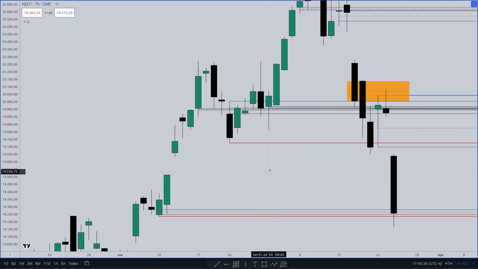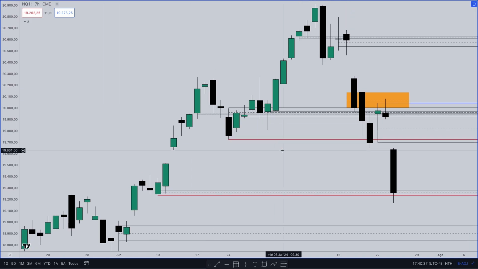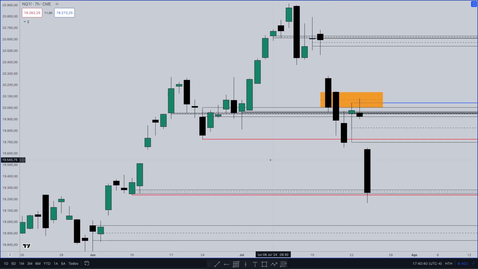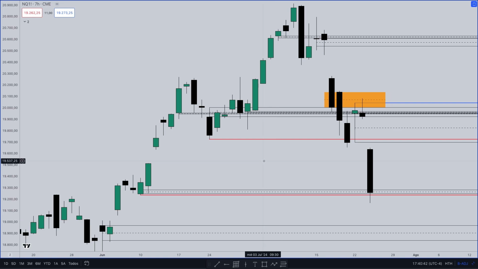Why? This is not something new or esoteric, because we are trading a stock market index. What does it mean? The New York Stock Exchange is only open from 9:30 New York time to 4 p.m. So the liquidity above or below these highs is where the institutions are placing their stops, basically.